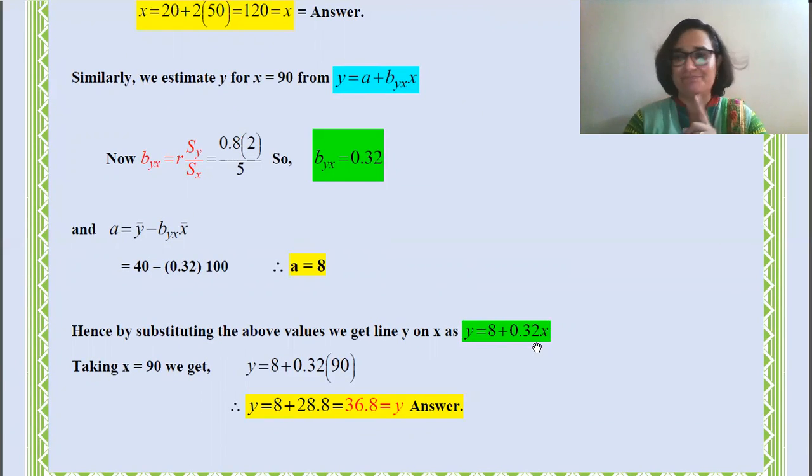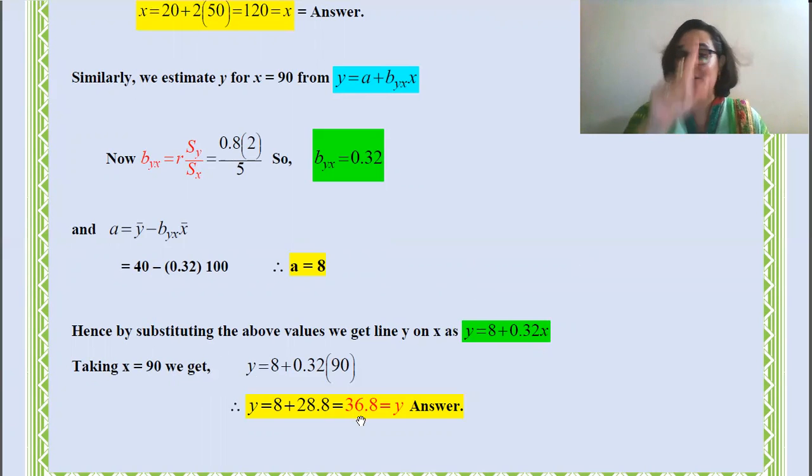Sum finish? No. x की value 90 आपको दी हुई थी. Take x is equal to 90. Substitute it over here in place of x. What do you get? You get 8 plus 28.8 is equal to 36.8 is the estimated value of y.